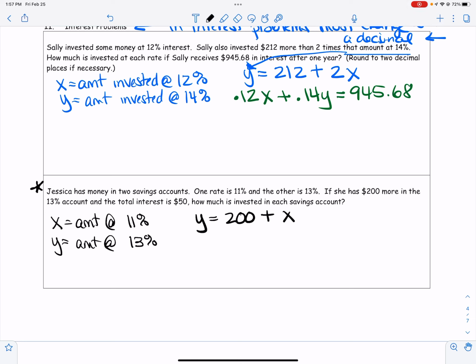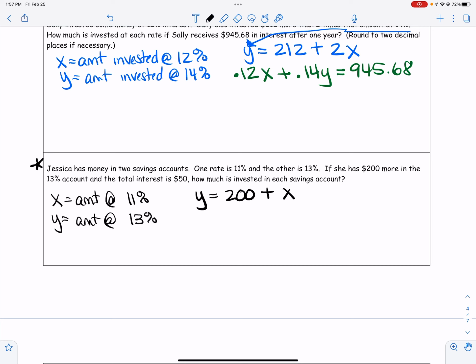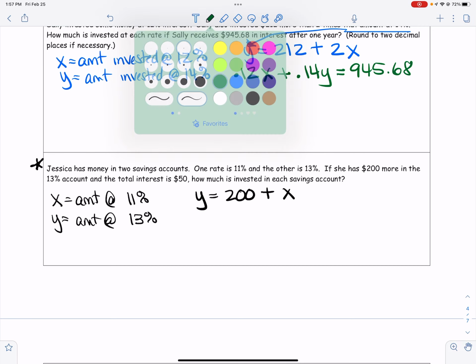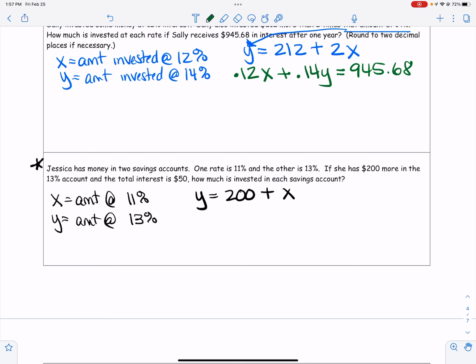Now, here's where it gets a little tricky. We're going to set up the next equation that has to deal with the percentages. So we're going to make sure 11% is written as 0.11x, 13% is 0.13y, and that has to equal the interest. We're going to use substitution.